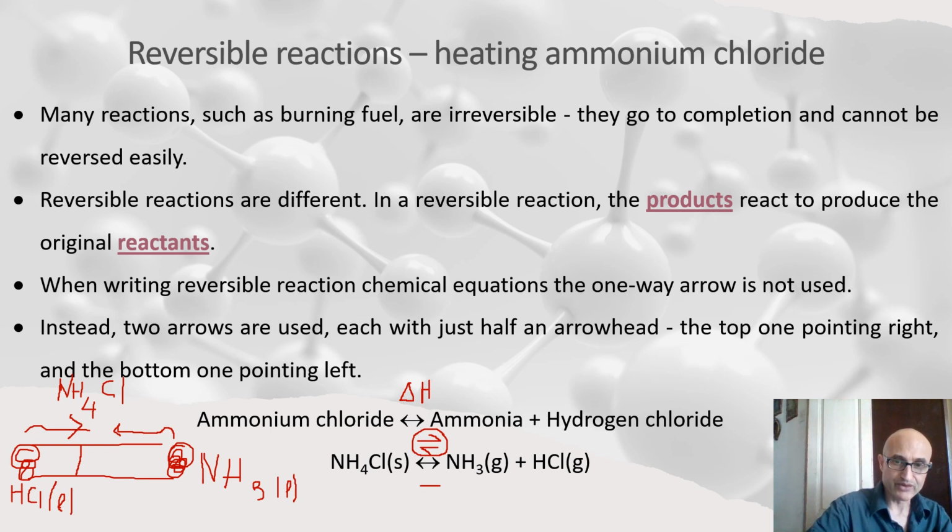The forward reaction is brought on by heating. So you need to heat in that direction, whereas the reverse reaction, where the ammonia and hydrogen chloride reform the ammonium chloride, is brought on by cooling.